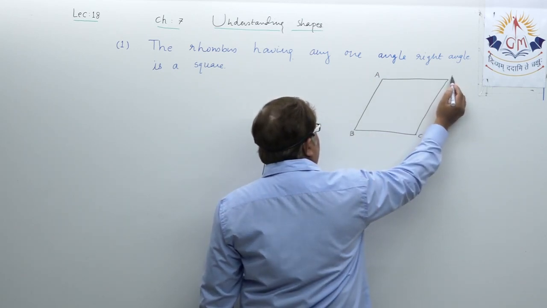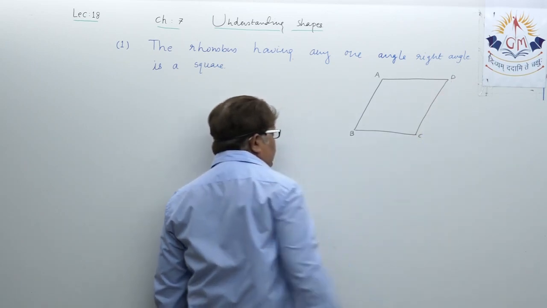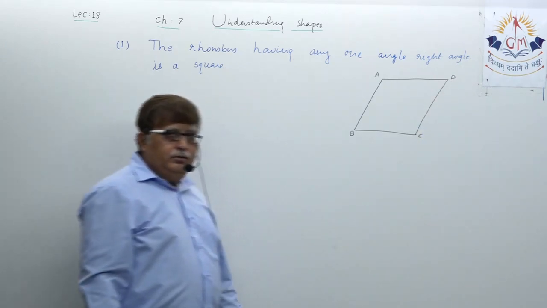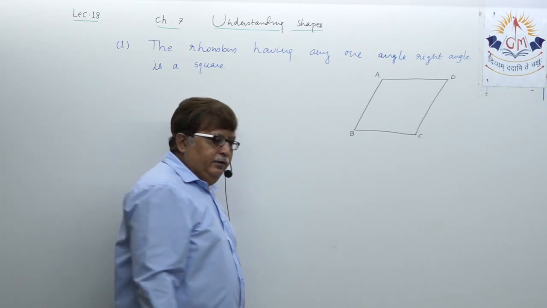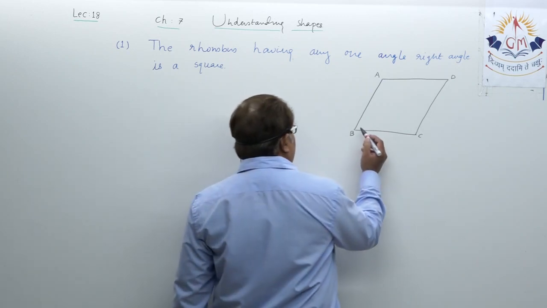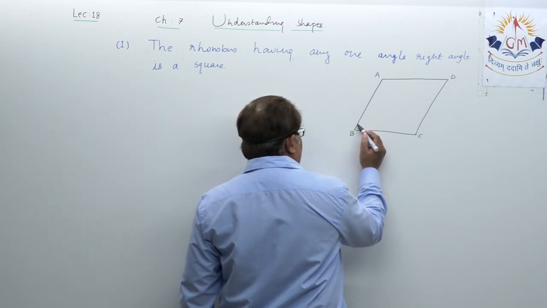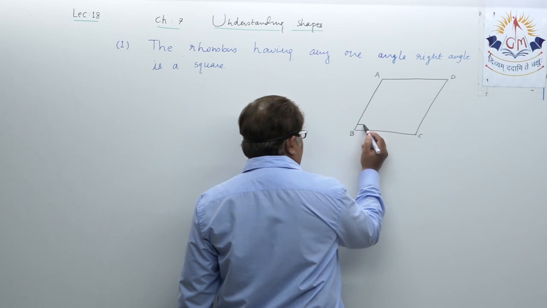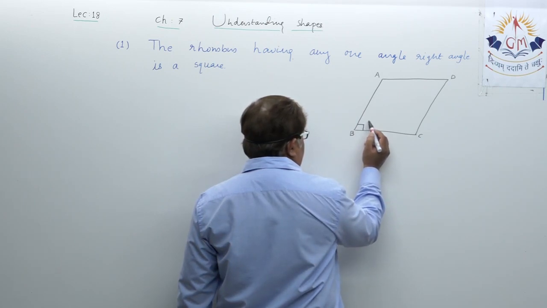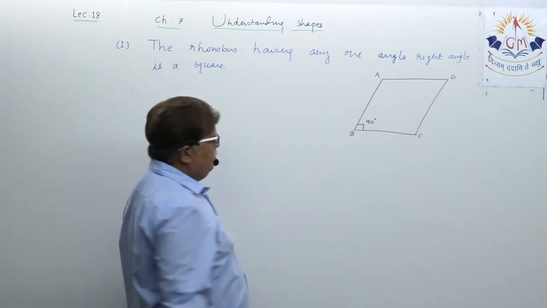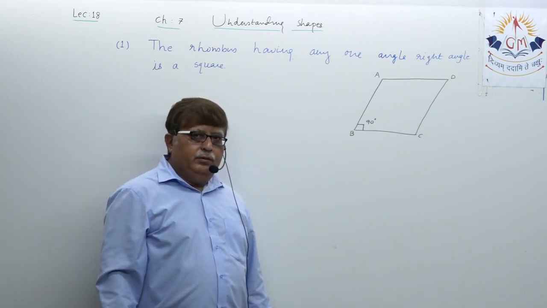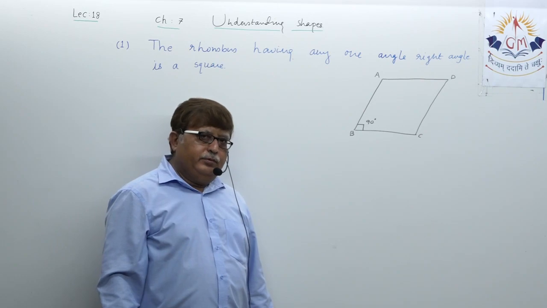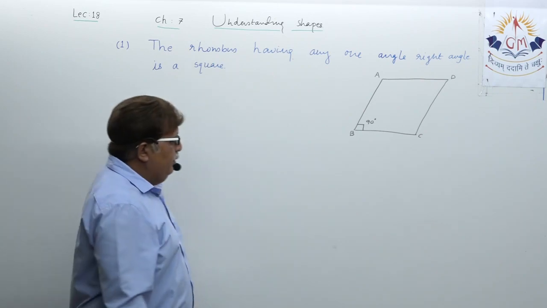In this rhombus, though it does not look like a right angle in the diagram, we will show it. One of the angles is accepted as a right angle, that is 90 degrees. One angle we have already accepted as a right angle.